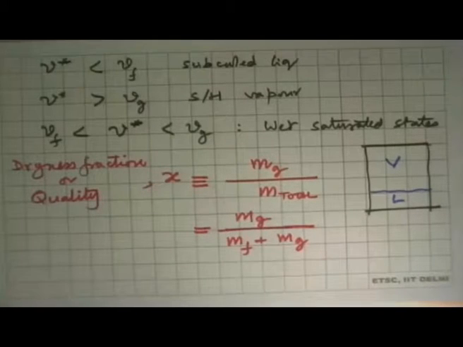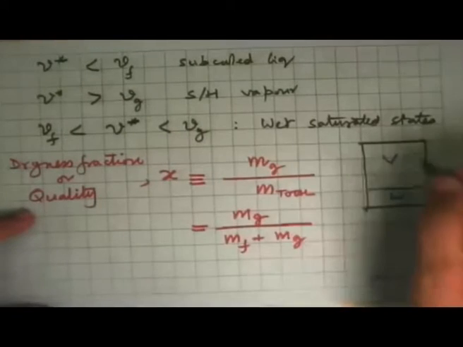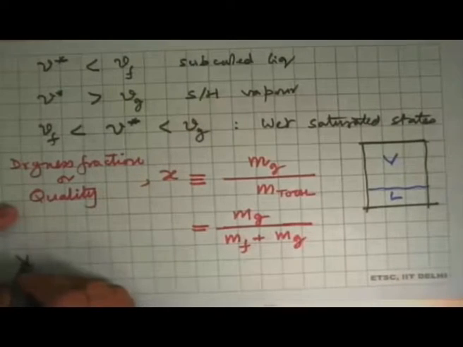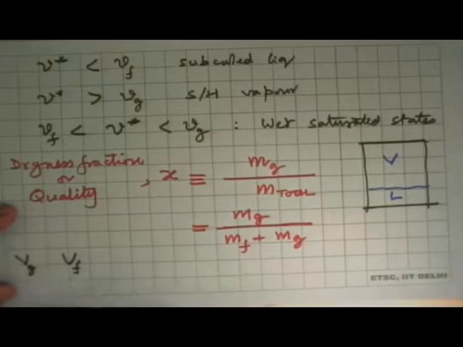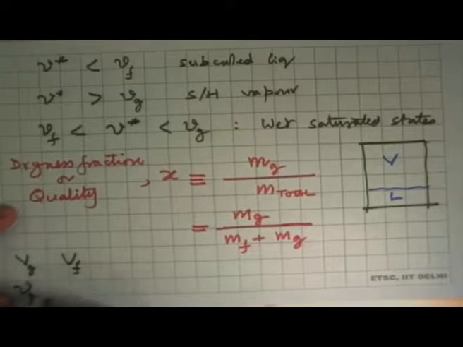It's a small little exercise that we can do by saying that the volume of the vapor is capital Vg, the volume of the liquid is capital Vf, and the specific volumes are vg and vf.